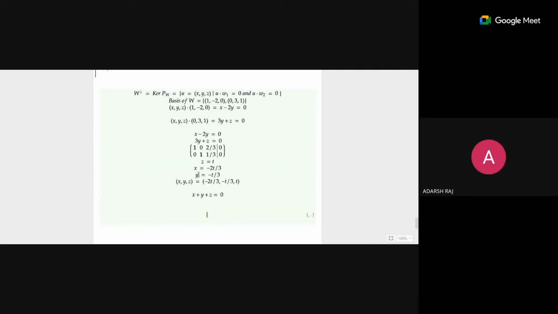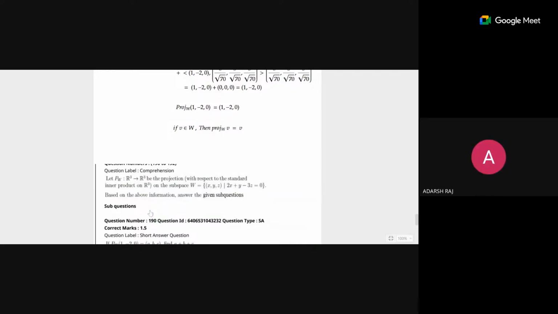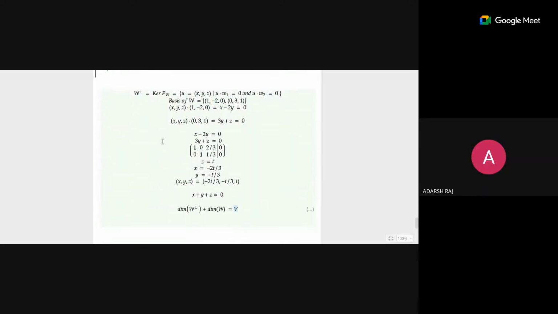So remember this: dimension of W perpendicular plus dimension of W is equal to dimension of the domain. Here the domain of this projection is 3. And here the dimension of W perpendicular is 1.